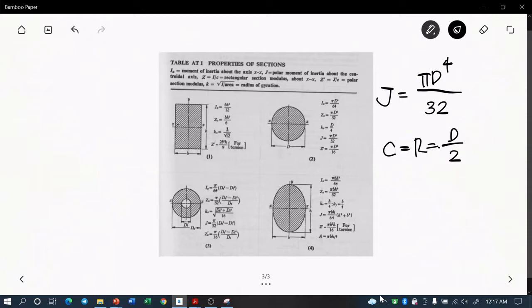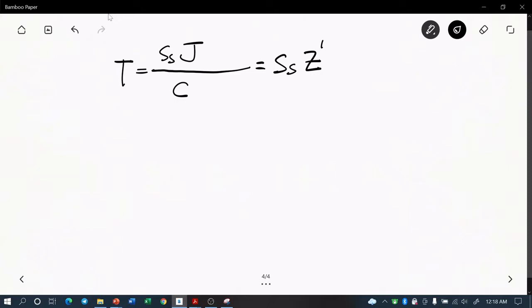Now let's go back to the governing equation in order to solve this first requirement. The torque, when involving shearing stress, is equal to the shearing stress times the polar moment of inertia over C, or it is also equal to the shearing stress times the capital Z prime.